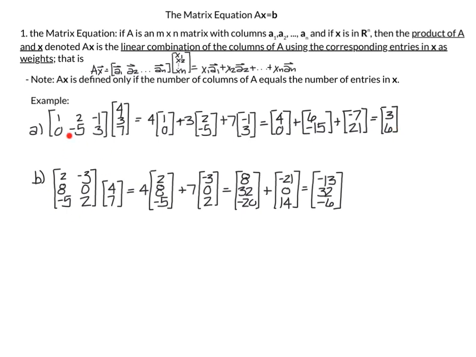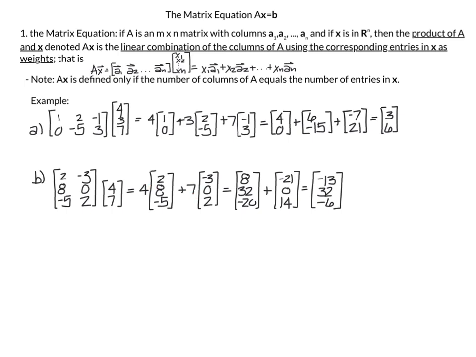Our second example is we have the matrix with columns 2, 8, -5 and -3, 0, 2, and we multiply it times the vector 4, 7. So we take the first vector, the 2, 8, -5, and multiply it times the first coordinate of our vector, so that's times 4. Our second vector, which is -3, 0, 2, is multiplied times the second coordinate, which is 7.